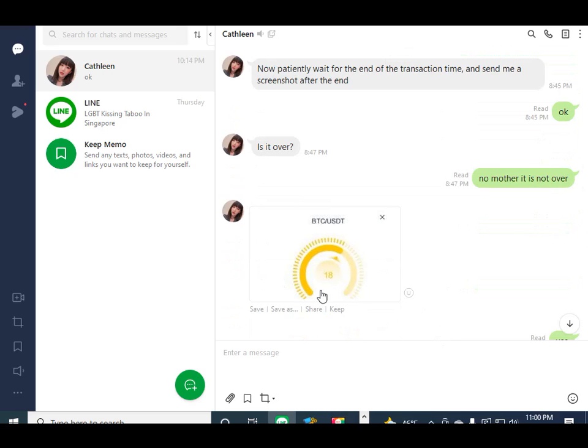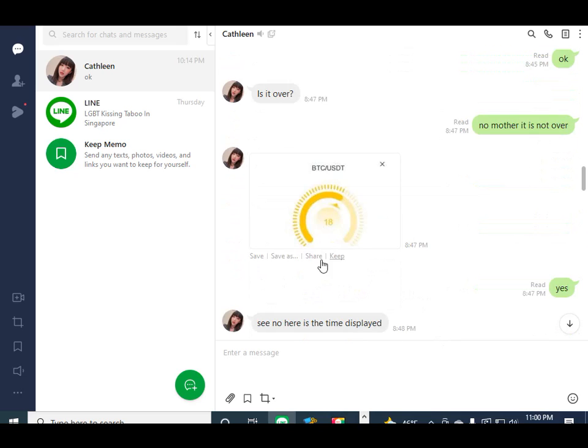And this is what it should look like right here. See, 18 seconds left. She says, now here is the time limit displayed.